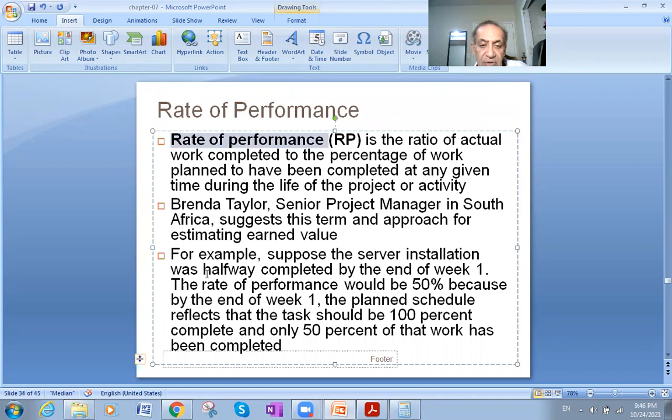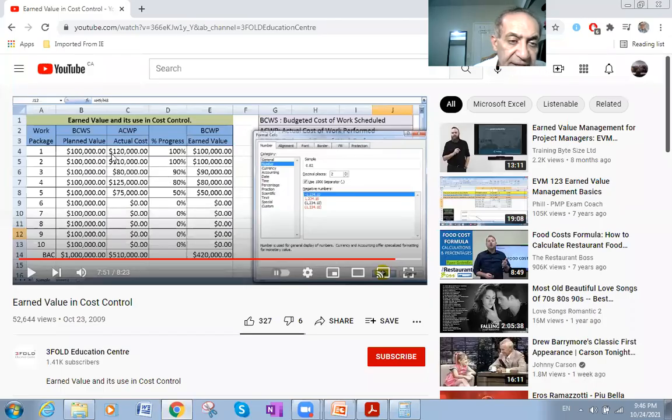It shows the ratio of actual work completed to the percentage of the work. We said 100% means that this stage is already done. 80% means there is still 20% left that was not done from this stage.